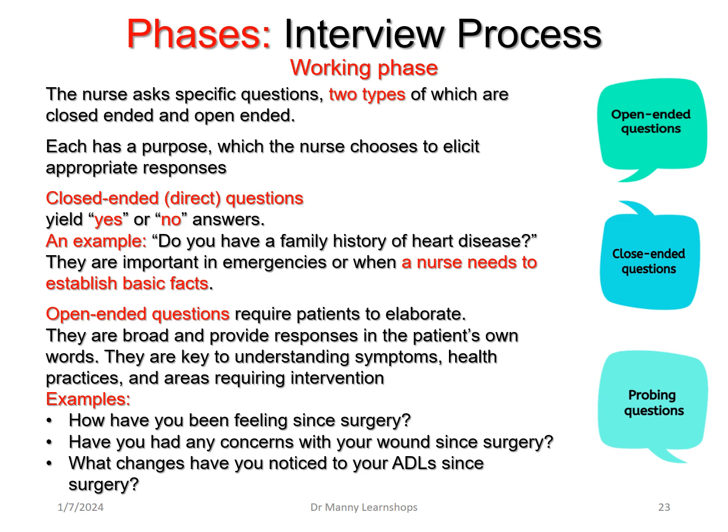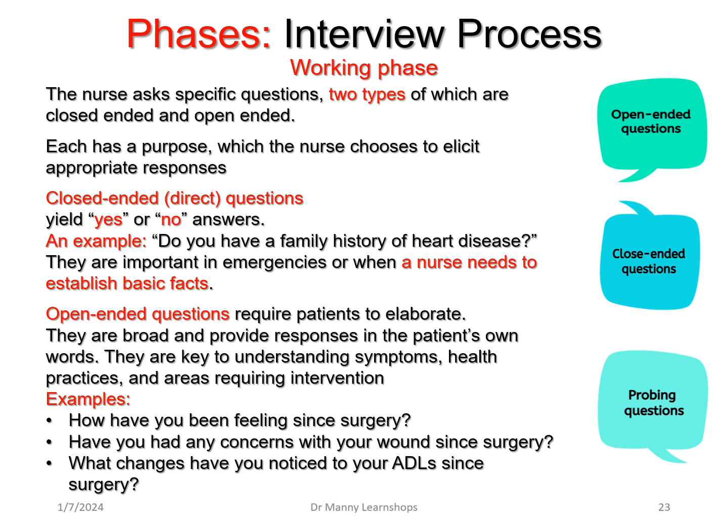Then you've got what's called the working phase, and the working phase asks specific questions. There are two types: open-ended and closed-ended. Each has a purpose, which the nurse can choose to get the response that he or she wants.